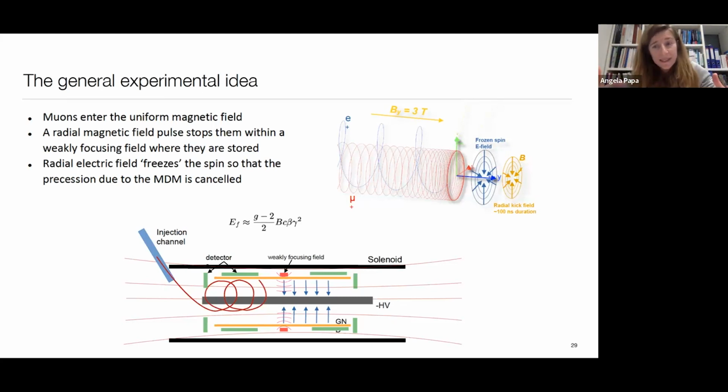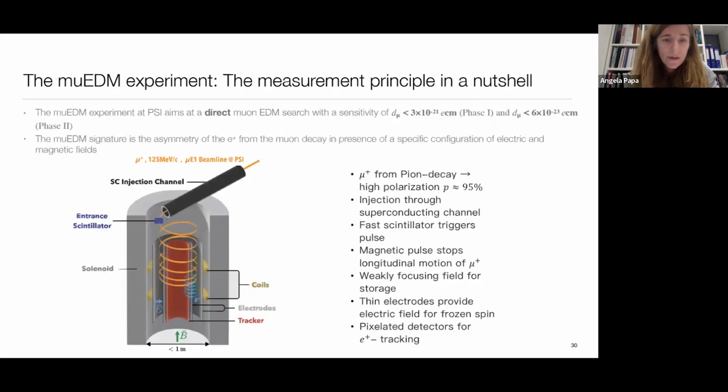Together with that, we also need this electric field that gives us the frozen spin condition. Basically, in terms of the preparation of the muons, the job is done. Then we have to think about how to detect the positrons coming from the muons that are going to decay.